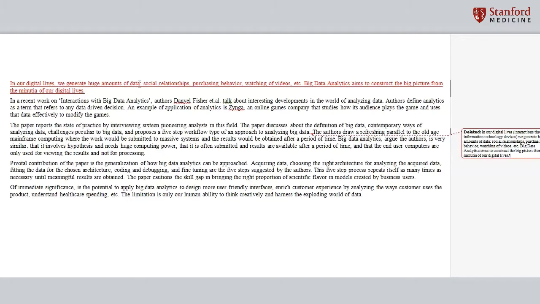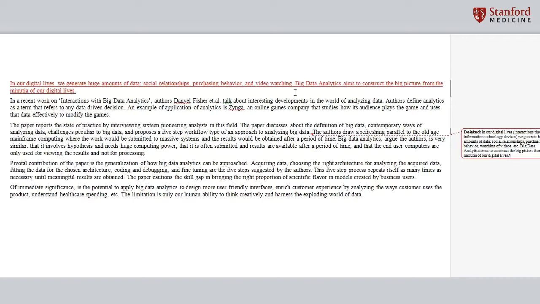And then a nice colon here, social relationships, purchasing behavior, watching of videos, etc. I'm going to change that to video watching just to be parallel here. And I don't like the etc. It's a little bit too informal, so we'll just drop it and say and video watching. I think the reader can infer that there might be other types of data that we're generating, but those are three examples.